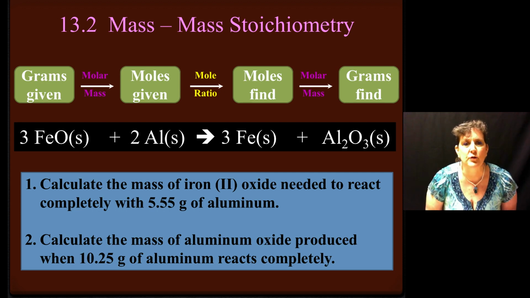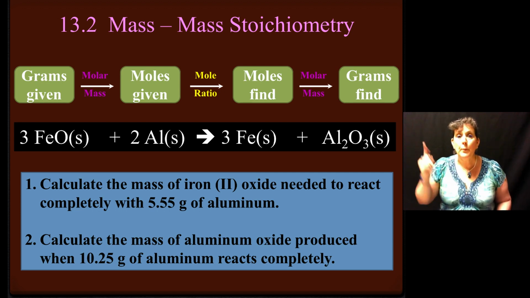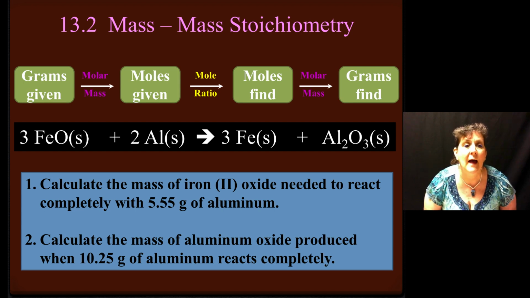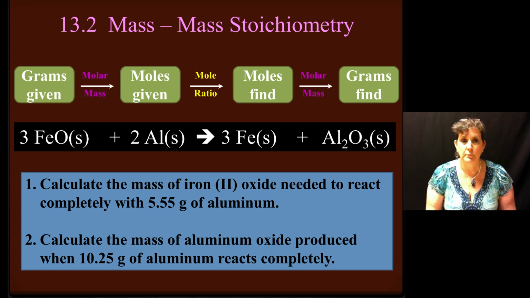So let's give one of these a try. Here's our new balanced reaction. We have 3 FeO plus 2 Al, making 3 Fe plus Al2O3 solid.